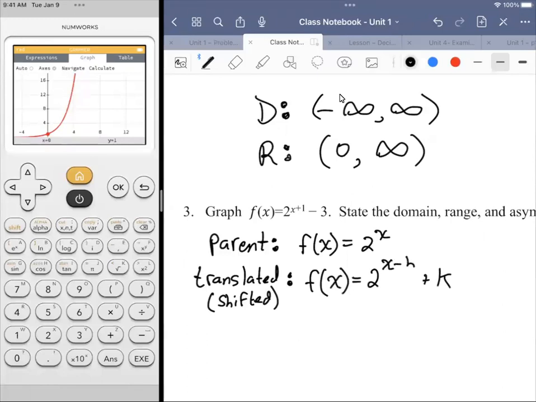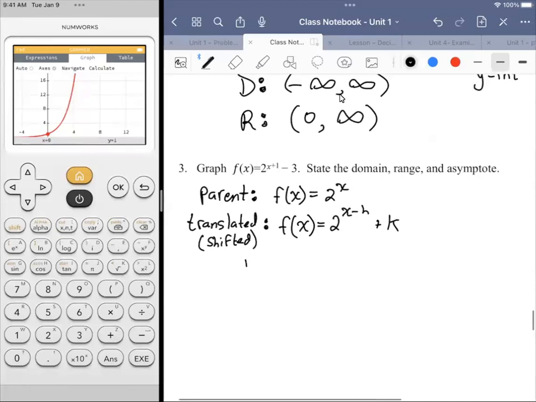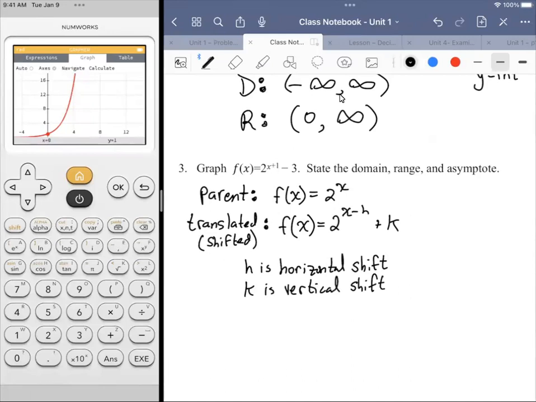H is the horizontal shift, K is the vertical shift. All right, horizontal, vertical shift.